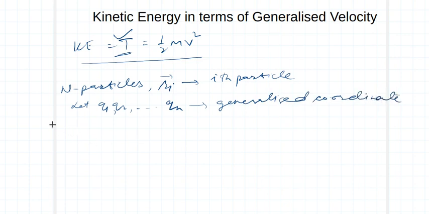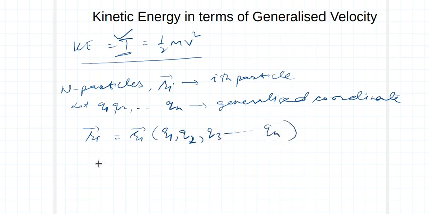So Ri depends upon the generalized coordinates q1, q2, and so on, qn. Also, we know that Ri dot is equal to the summation over j, where j varies from 1 to n, of ∂Ri/∂qj into qj dot, which is the time derivative of qj, because the dot represents time derivative.